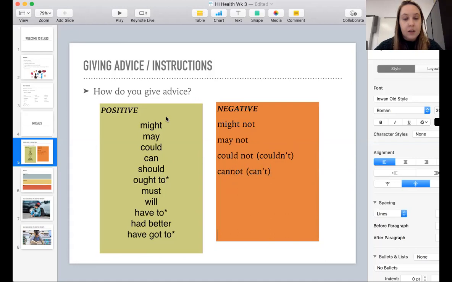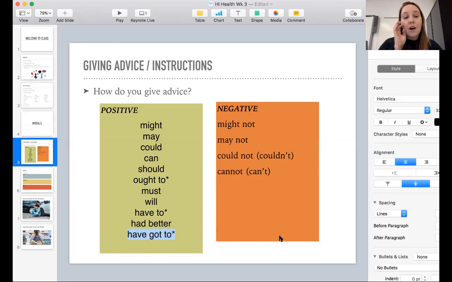Right? So all of these form the same way. You just add not to them, and then if they can be contractions, they are contractions. Again, the only difference are these that have the asterisk. Ought to is never going to be negative. Have to is never going to be made negative. Have got to is never going to be made negative.